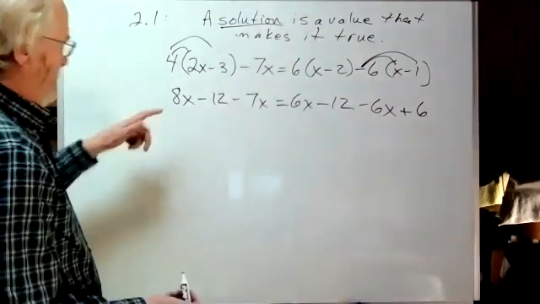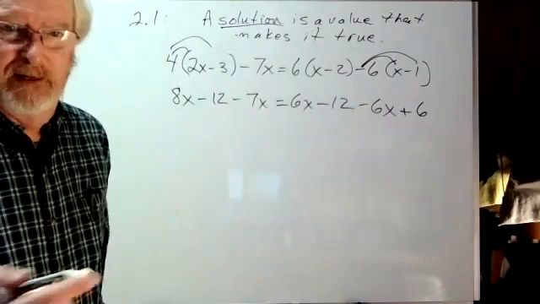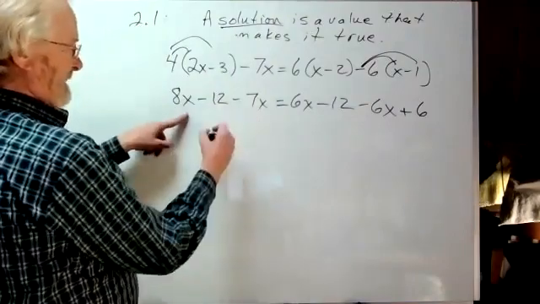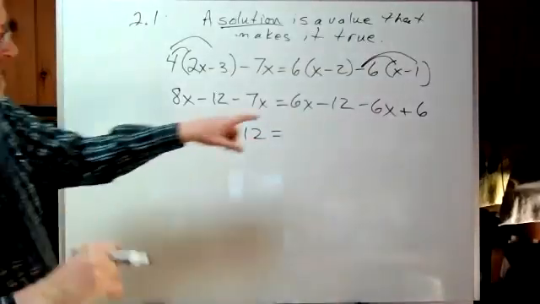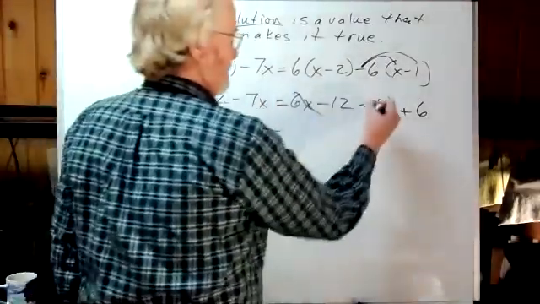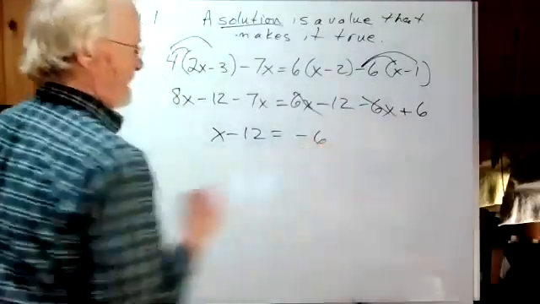All right. 8x minus 7x. Did you want to keep going or shall I? Go ahead. I don't care, I can keep going. x minus 12 over here. Is that all right? Yeah. On this side, I have plus 6x. Oh, and minus 6x. Yeah, we're not ready to have x on both sides. And what? Negative 6?